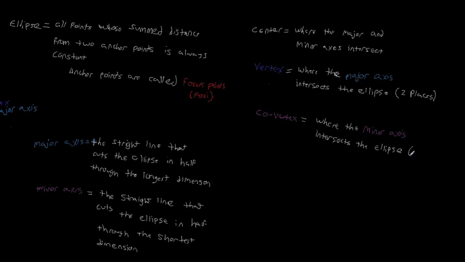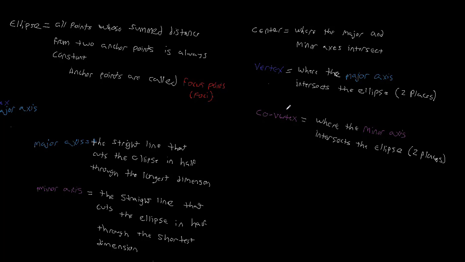And again, just like with the vertex, there are two places. I want to reiterate that we used the term straight line to define major and minor axis. We didn't use horizontal or vertical. And we used major axis and minor axis to define vertex and covertex.